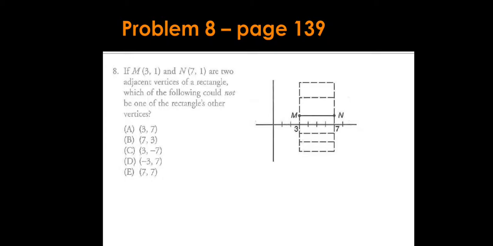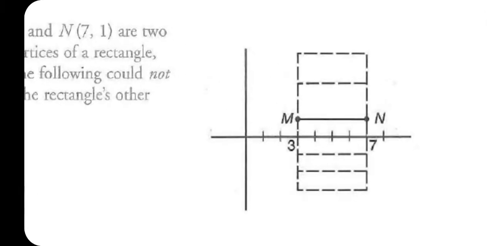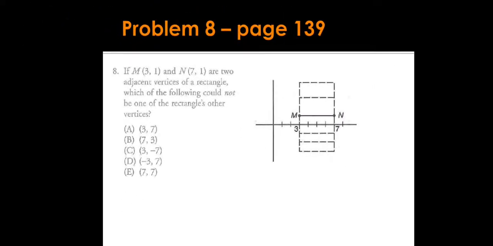So we sketched the 2 points, as you can see, M and N. They are related horizontally. And which could be the other vertices? We do a process of elimination.